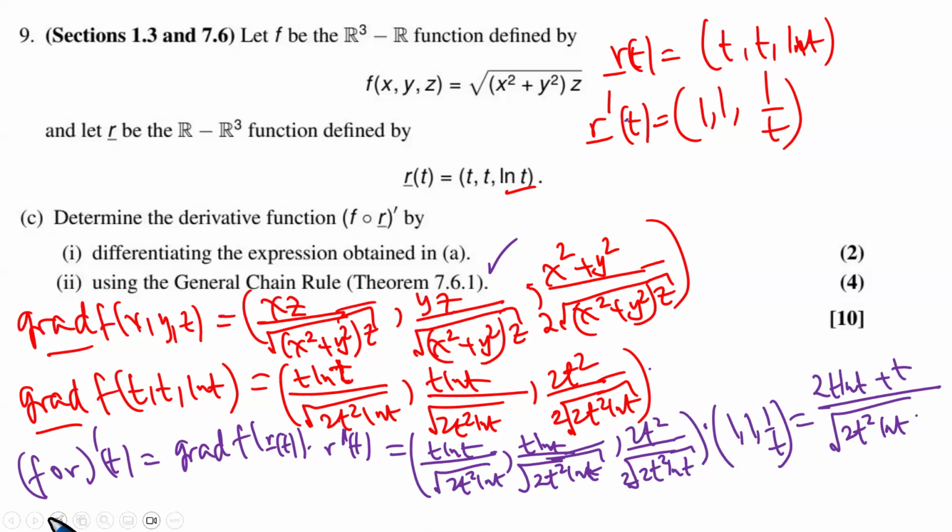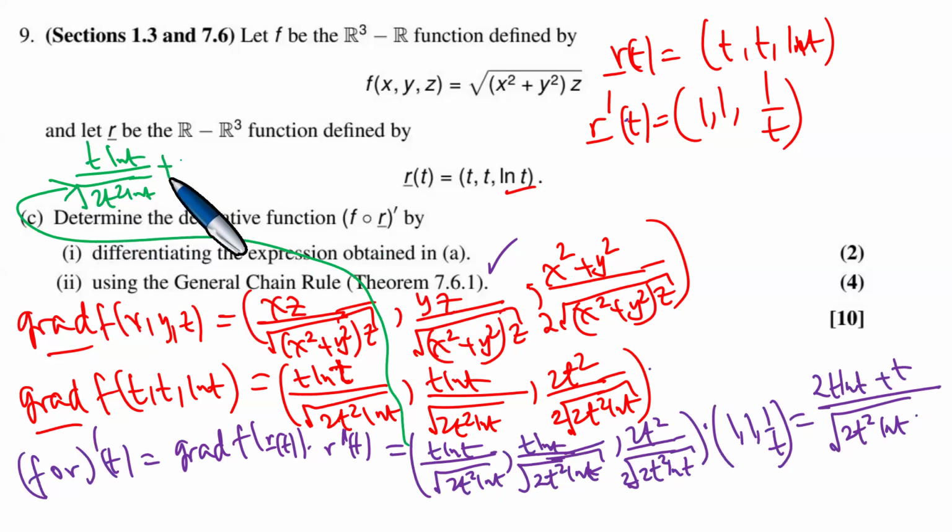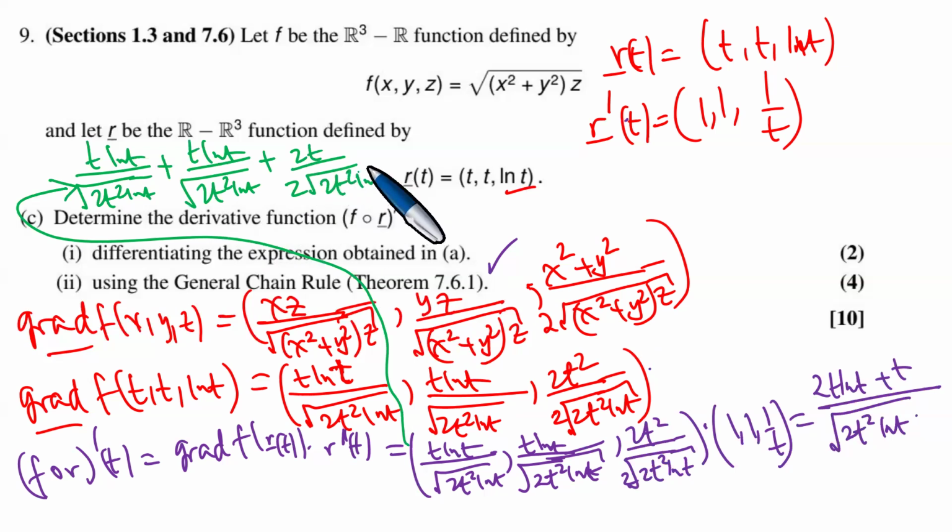The dotting part, component-wise using the dot product, is that this first times that is t ln t divided by the square root of 2t squared ln t, plus t ln t divided by the square root of 2t squared ln t, plus t times that. Okay, the t is going to divide, giving us just 2t, and we have 2 divided by 2t squared ln t. So you multiply everything and you add, it's going to be like this.